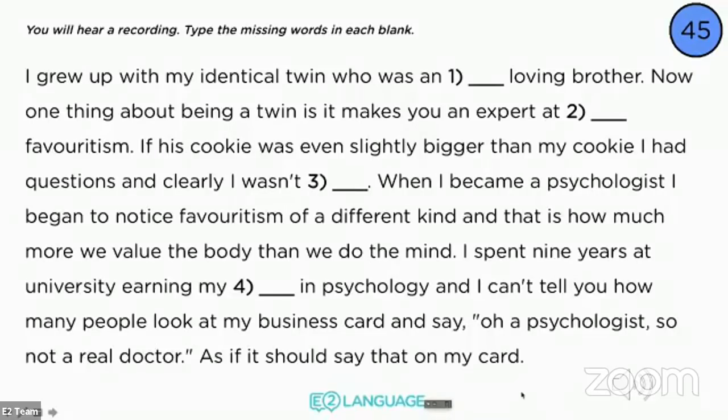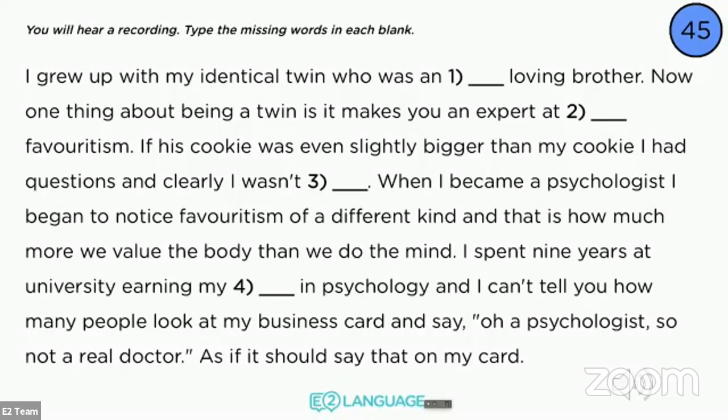I grew up with my identical twin, who was an incredibly loving brother. Now, one thing about being a twin is it makes you an expert at spotting favoritism. If his cookie was even slightly bigger than my cookie, I had questions. And clearly, I wasn't starving.